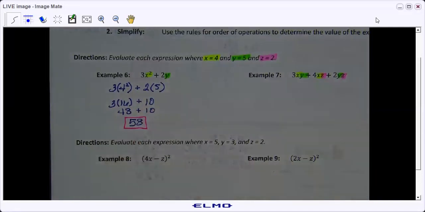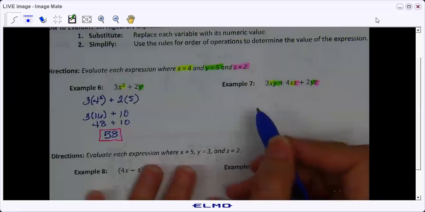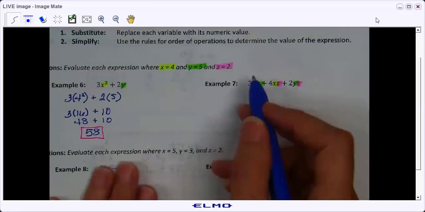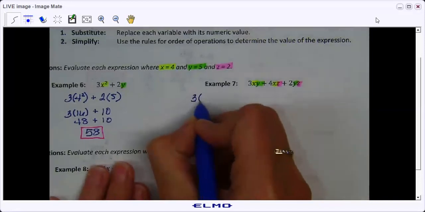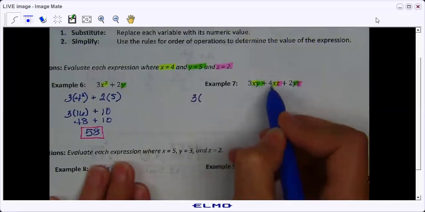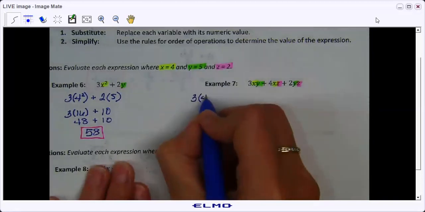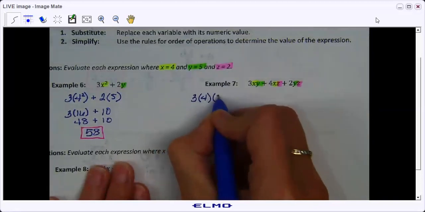All right, let's go ahead and go to example 7. Example 7 is very long. I heard Gracie say, oh, my Lanta or something. So we're just going to plug in our numbers. So we start with 3. And we're going to multiply that by x and then by y, so x is 4 and y is 5.